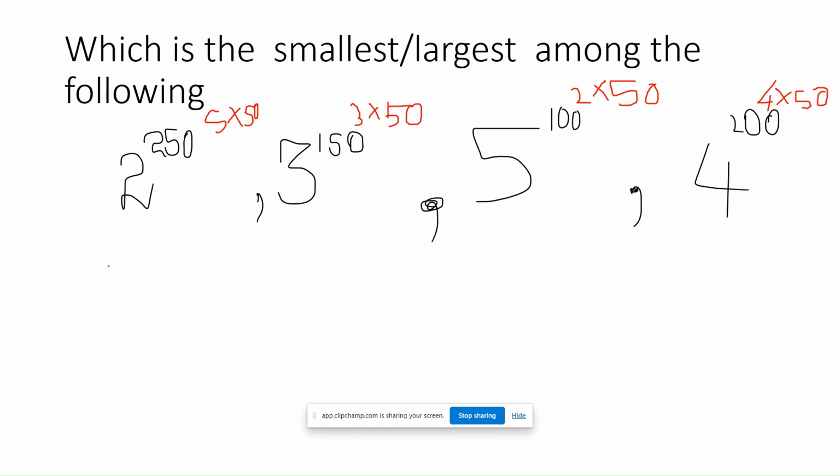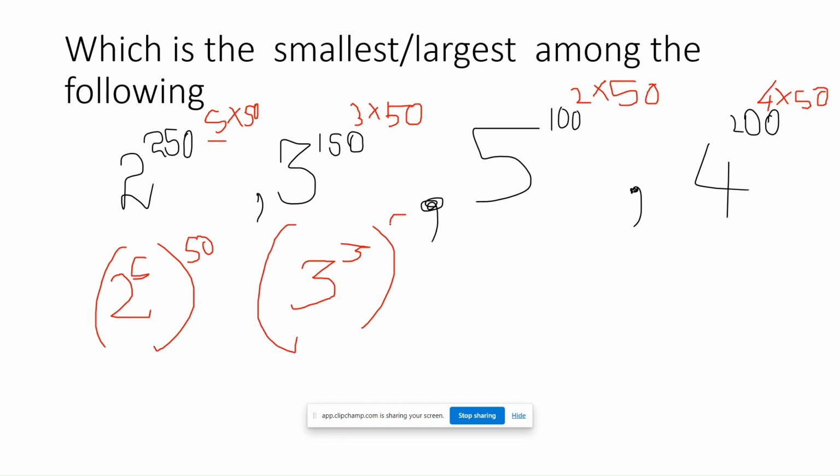Now I will write this 2 as 2 to the power of 5, then to the power of 50. Now I will write this 3 as 3 to the power of 3, then to the power of 50.